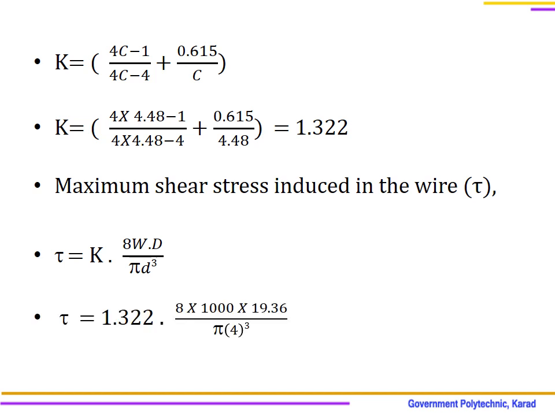So putting all the values: K we have calculated, W is known, 1000 Newton is the maximum reading which we are supposed to take, multiplied by D we have selected, and wire diameter is 4. So the maximum shear stress induced in this particular spring will be 1018.2 Newton per mm square.